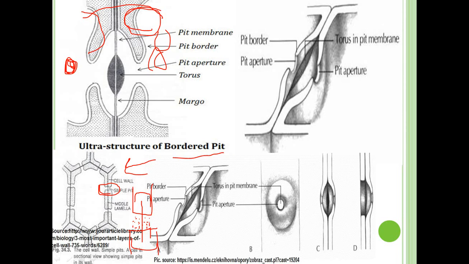Communication happens this way, so proteins go from here to here or from here to here. This one, which is clearer, discuss it as if you are looking at it from a side view.